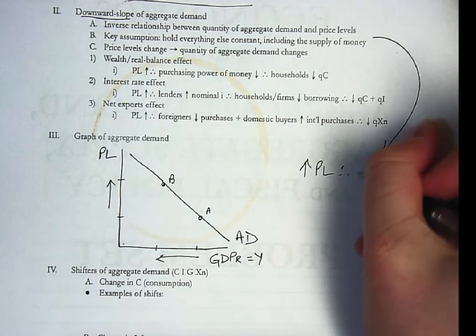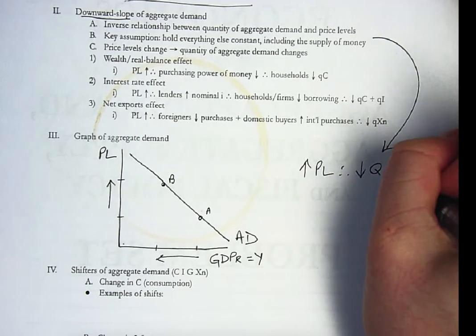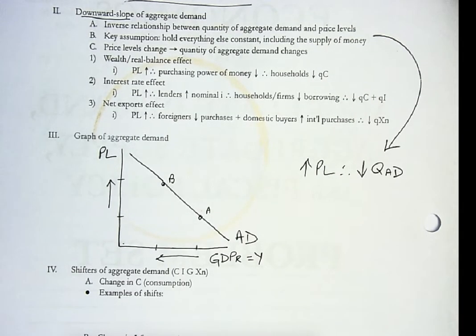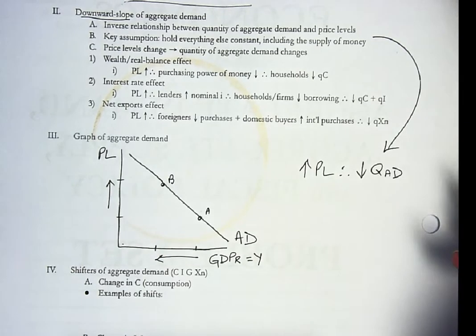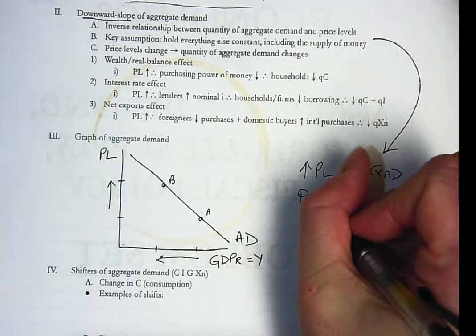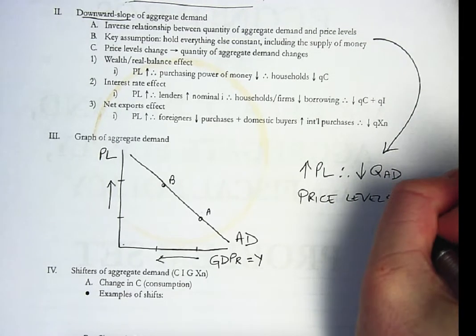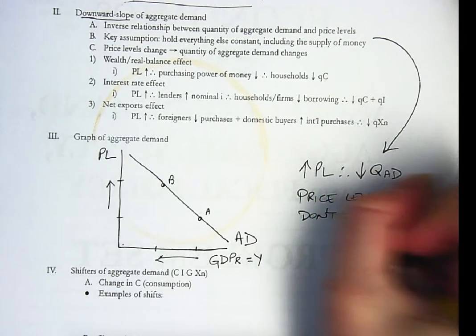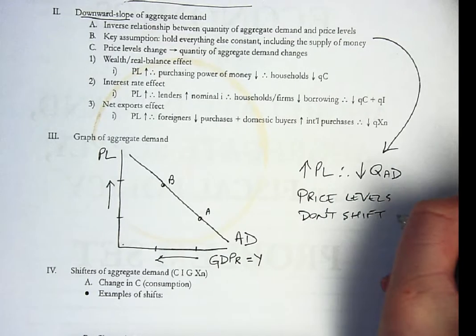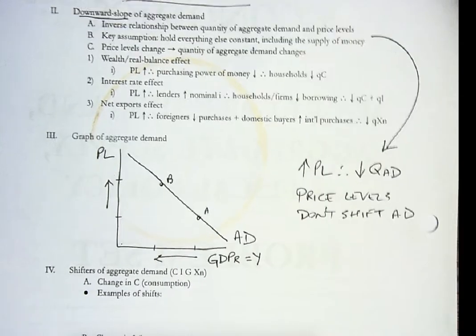Well, the quantity of aggregate demand went down. Notice that the aggregate demand curve didn't change. Just as we say that price doesn't shift the curve, we would say price levels don't shift the curve. Price levels don't shift aggregate demand.